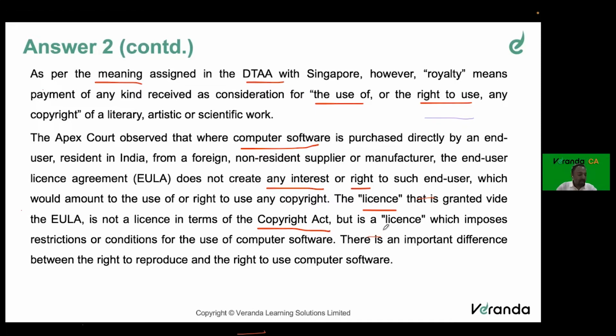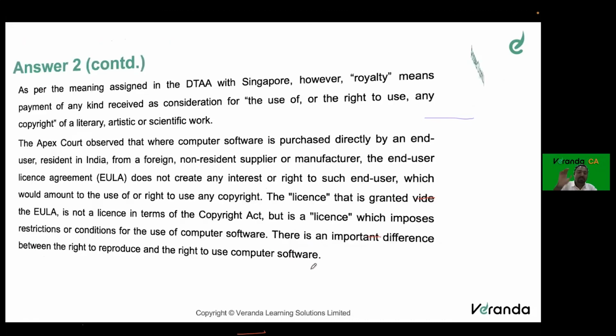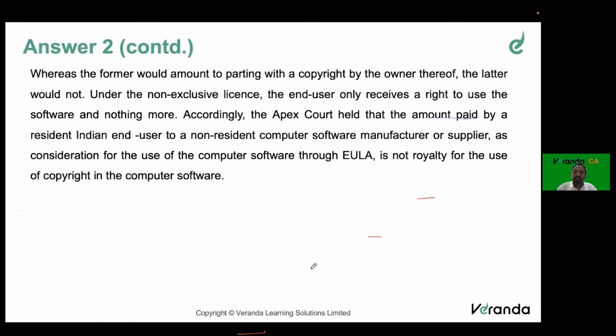It says a license which imposes restrictions or conditions. When a license gives this many conditions and restrictions, we need to understand the difference between just a right to use and a right to reproduce. This is what is being specified here, and because of that, it is not a royalty for the use of copyright in the computer software.